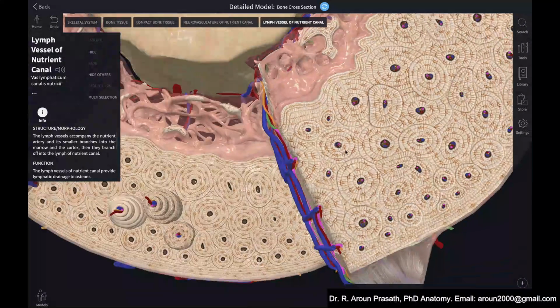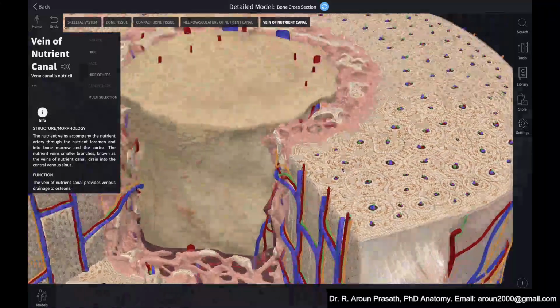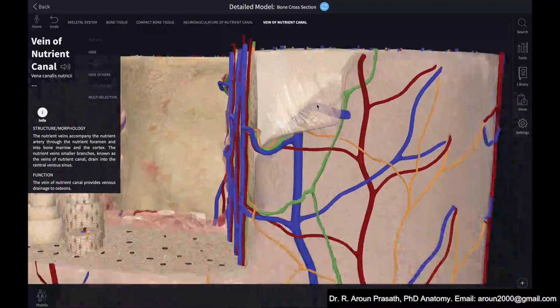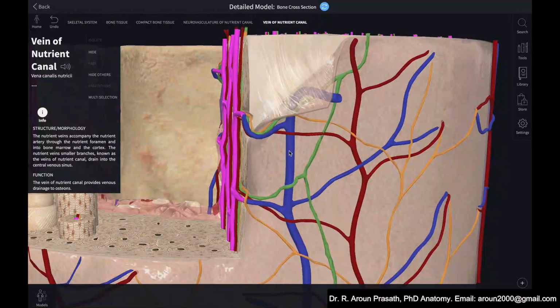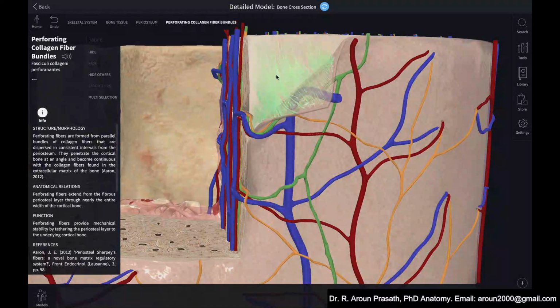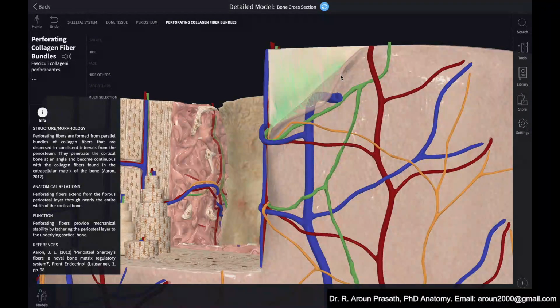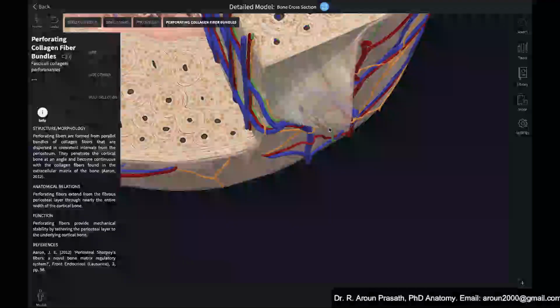These are all the endosteal blood vessels. According to theory number 2, the bone cells receive nutrition through these blood vessels. According to theory number 1, they receive blood through the periosteal blood vessels. And these fibers are called Sharpey's fibers. They help to attach the periosteum with the endosteum.